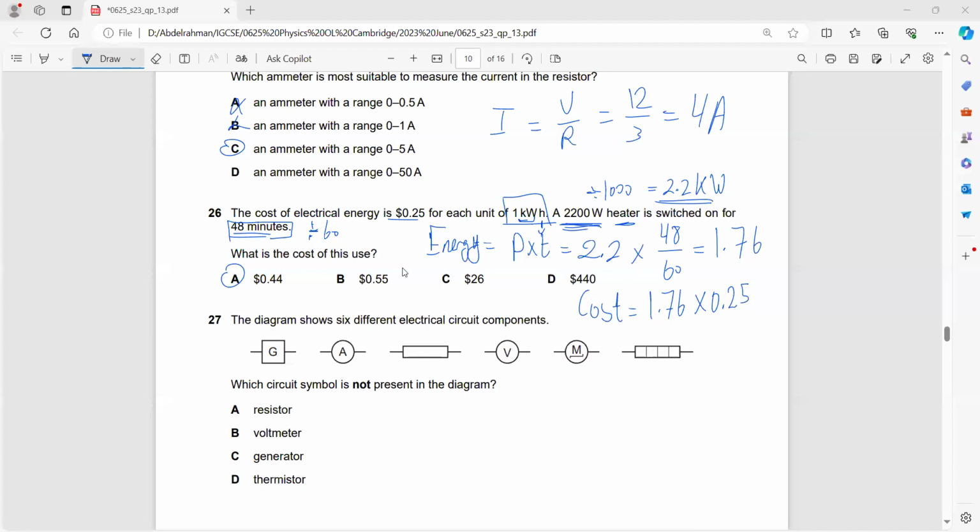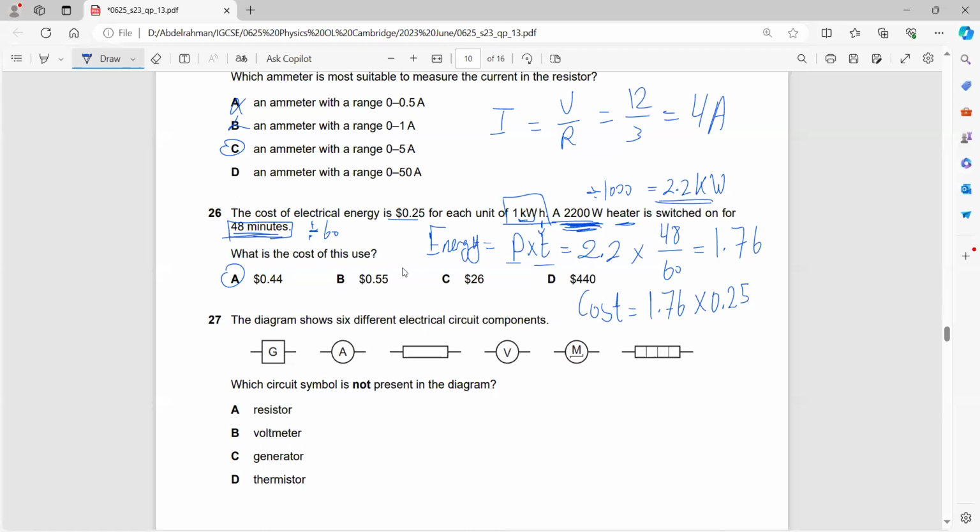Again, how did I calculate it? The energy is in kilowatt hours. You multiply the power times the time. But the power needs to be in kilowatts, and the time needs to be in hours. That's why you convert the minutes into hours by dividing by 60, and the watts into kilowatts by dividing by 1,000.